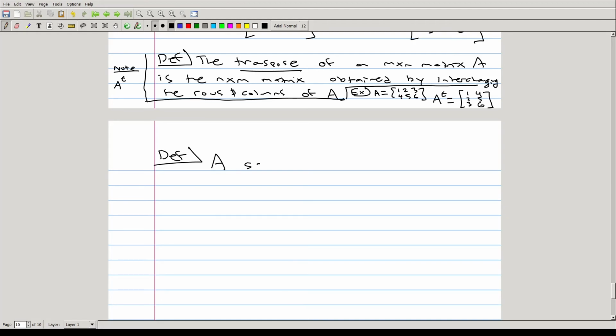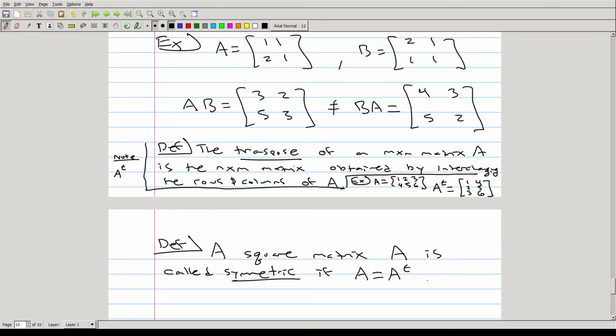So a square matrix A is called symmetric if A is equal to the transpose of A. This means the off-diagonal components are equal to one another.